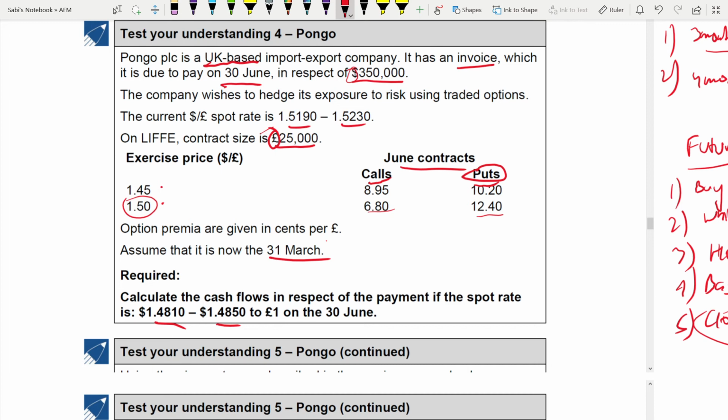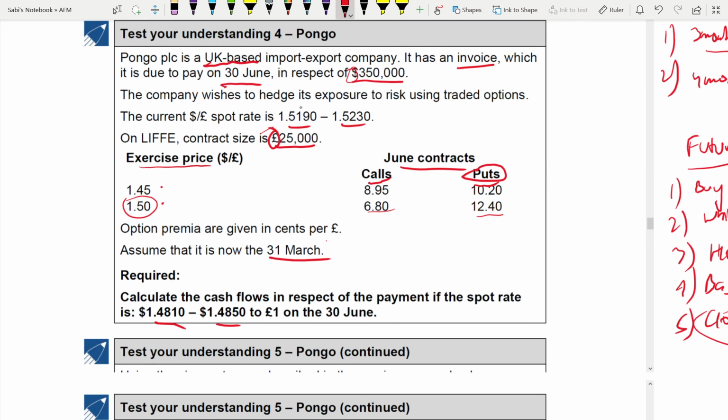If you are taking this exercise price, you have to convert using the exercise price to calculate the number of contracts. So 350,000 divided by 1.5, then you can divide it by 25,000.